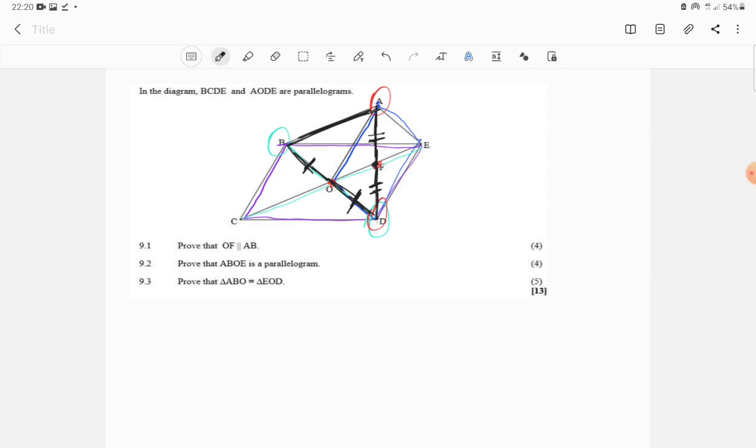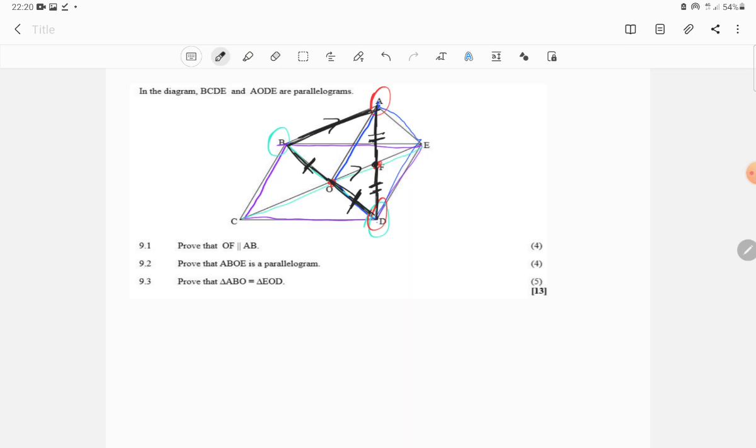On that note, this takes us to the midpoint theorem, which says if a line is drawn through the midpoints of two sides of a triangle, it has to be parallel to the third side. So that is why OF has to be parallel to AB.